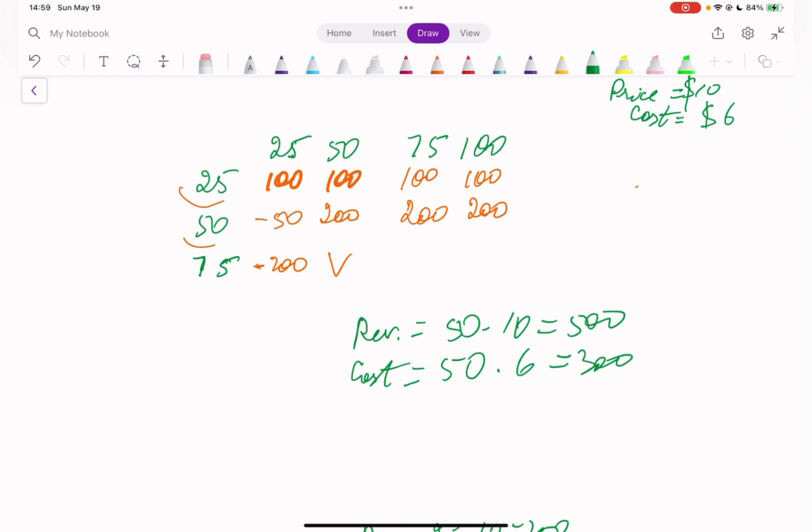So it's... 75 times, oh, I'm looking, it's confusing, 75, yeah, 75 times 6, because I'm looking at this one. So 75 times 6, let me see, 6 times 5, 30, 3 in mind, 42 and 3, 45. Okay, profit is going to be positive $50, right?